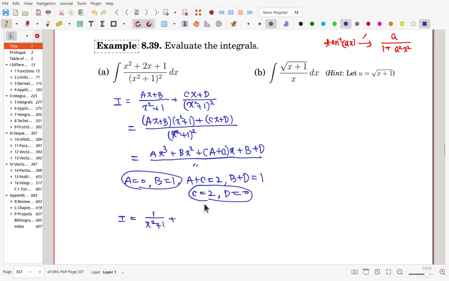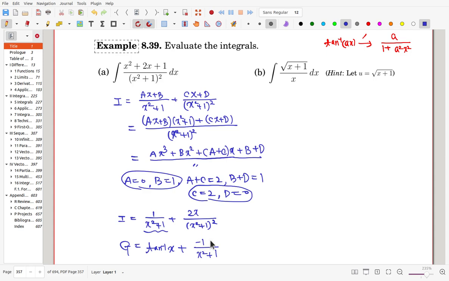And for that one, c is 2x over (x² + 1)². The derivative of x² + 1 is 2x, so the antiderivative is the same as 1/(x² + 1) with a negative sign: once it is differentiated, the square appears on the bottom and 2x appears with negation.